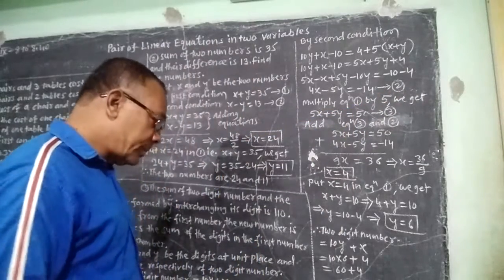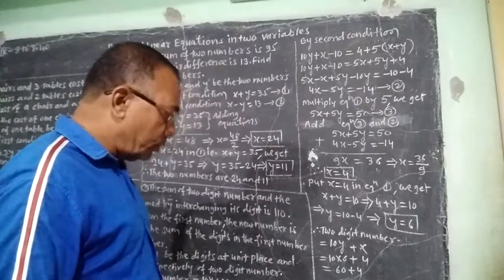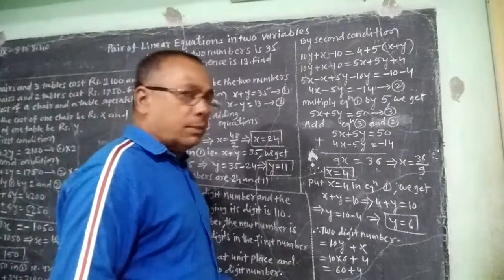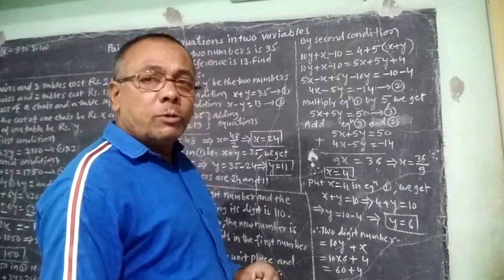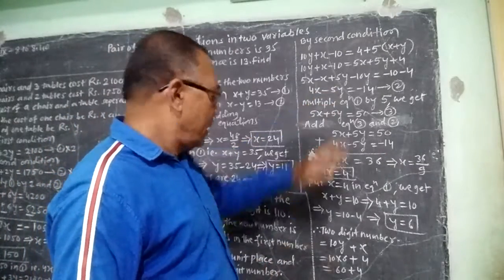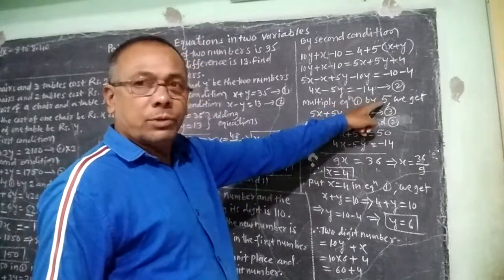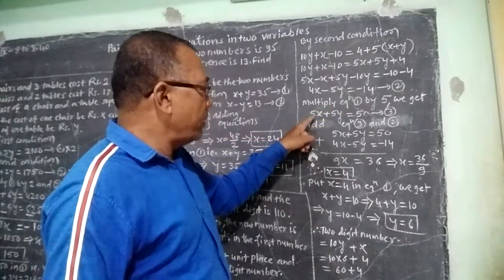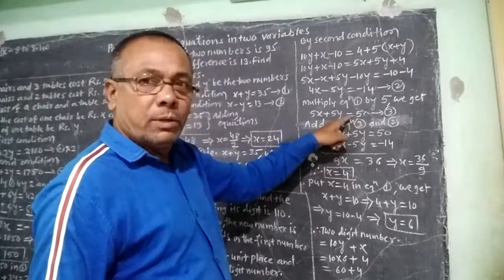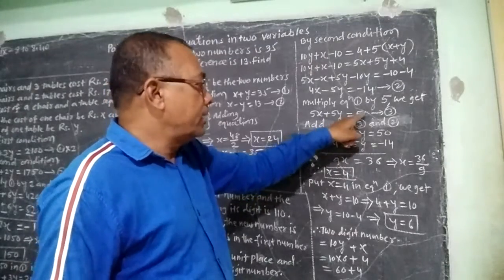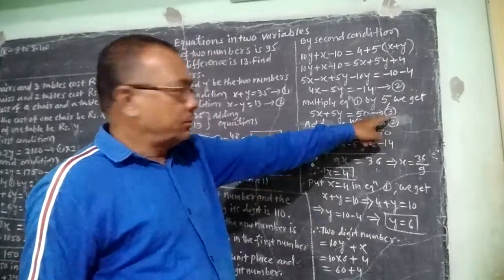Here our equation 1 is x plus y is equal to 10. Now to equalize the coefficients of y, we have to multiply equation 1 by 5, then we will get 5x plus 5y is equal to 5 tens are 50. So that is equation number 3.